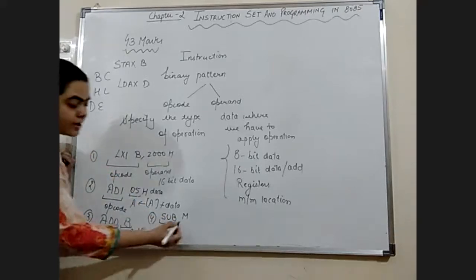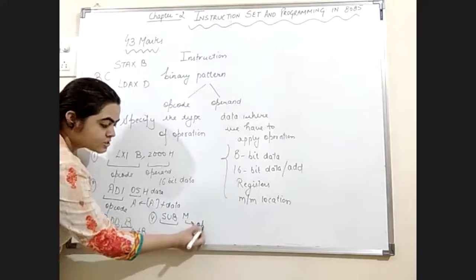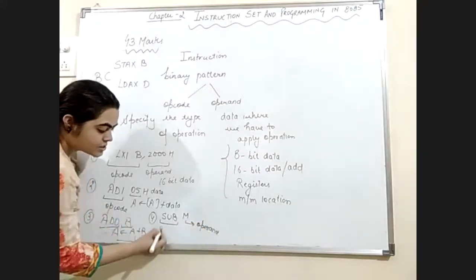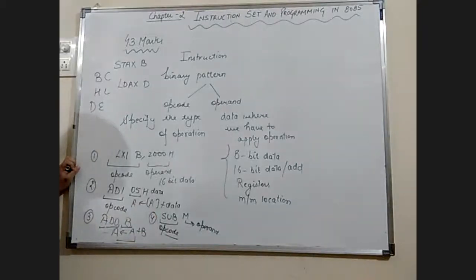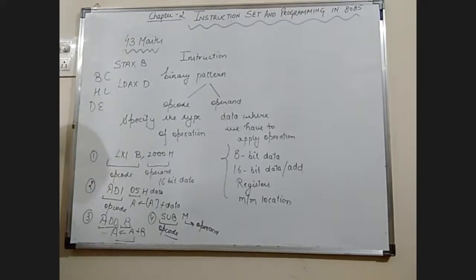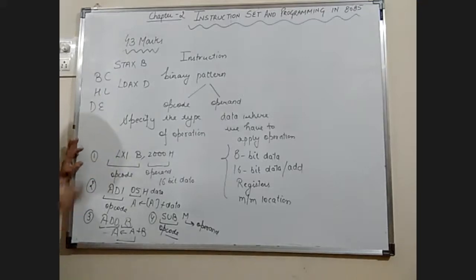So we can say the operand is stored in this memory location, while this is the opcode which will tell us which operation we have to perform with the contents of the memory location and with the contents of the accumulator. Okay, so this is the opcode as well as the operand.